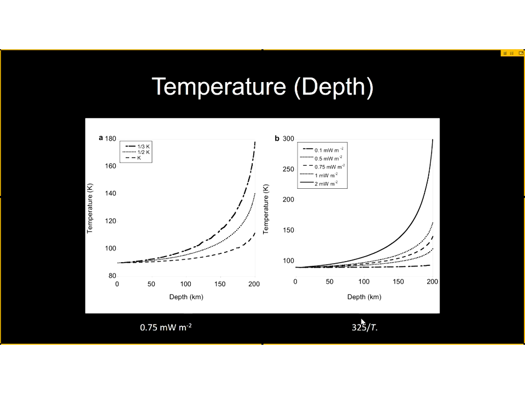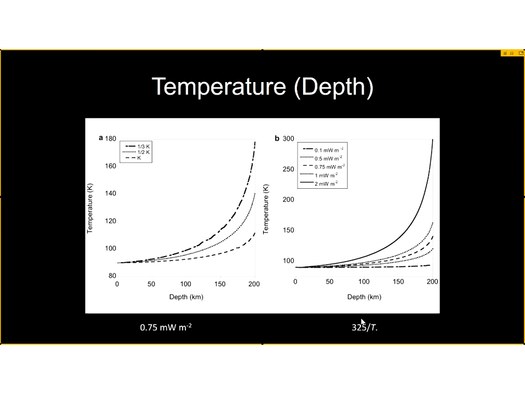Just to illustrate how important both temperature and conductivity are, this is a heat flow of about 0.75 milliwatts per square meter at depth, just to look at this conductivity profile. You might be familiar that for most metals or rocks, the conductivity is just a constant value. But for ice, it's actually a function of the temperature that influences how conductive the ice is going to be.